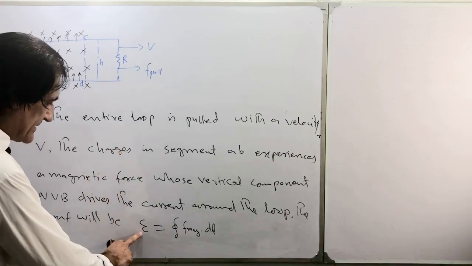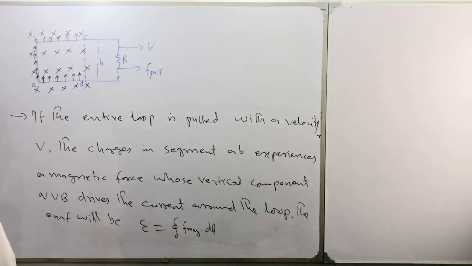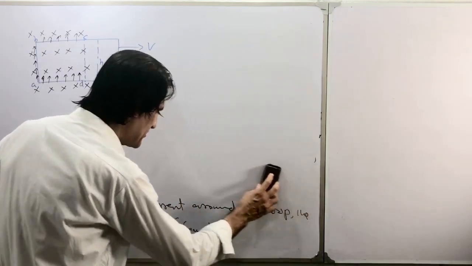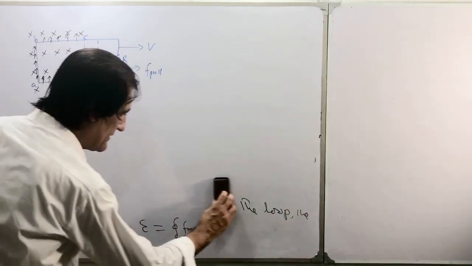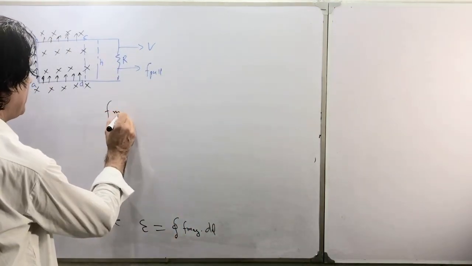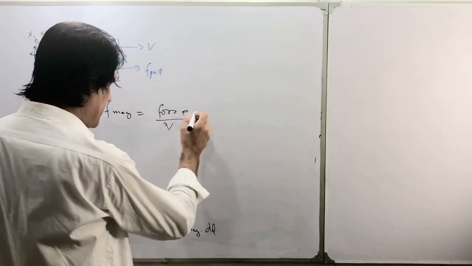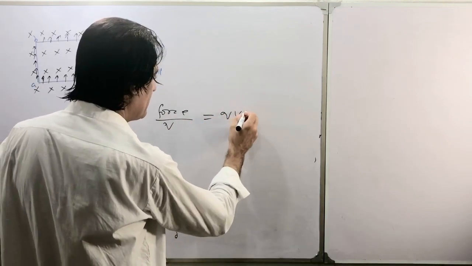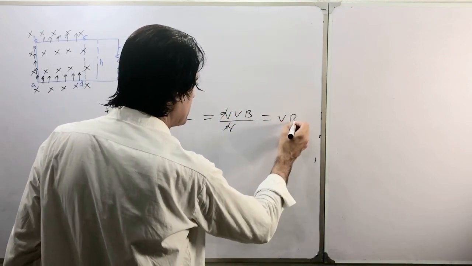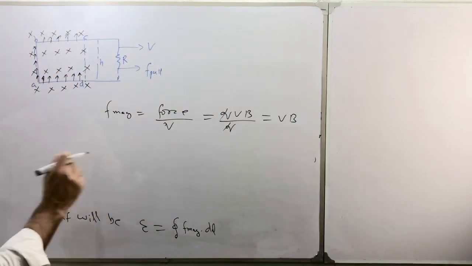Now, this EMF can be written like this. What is the magnetic force here? This is actually the force per unit charge. The magnetic force we have is qvB, divided by q, so q cancels out, and we get the magnetic force per unit charge equal to vB.